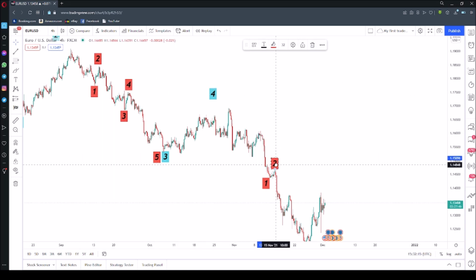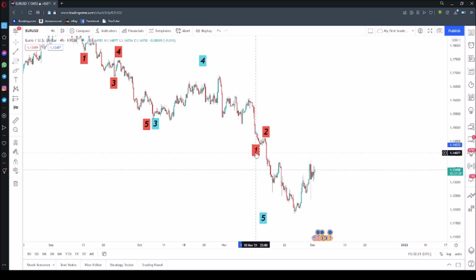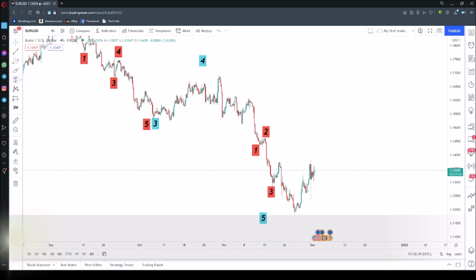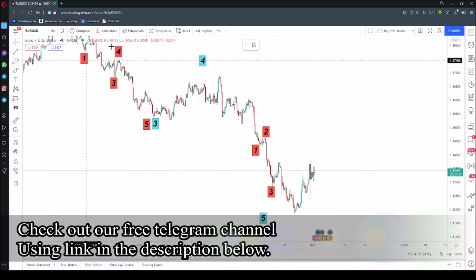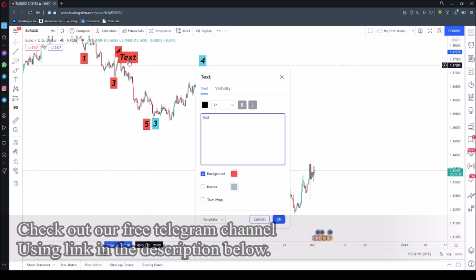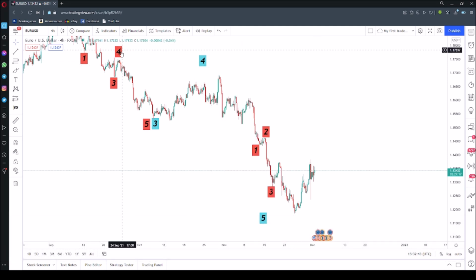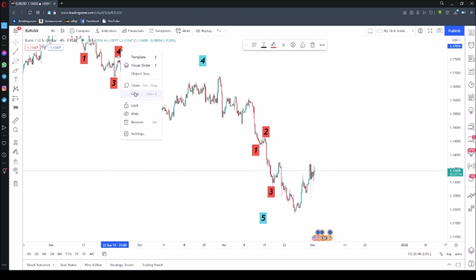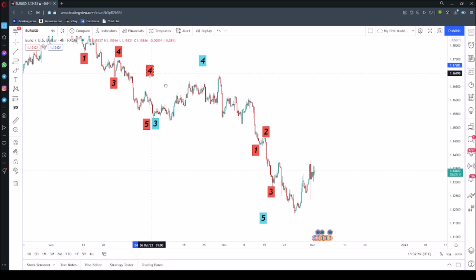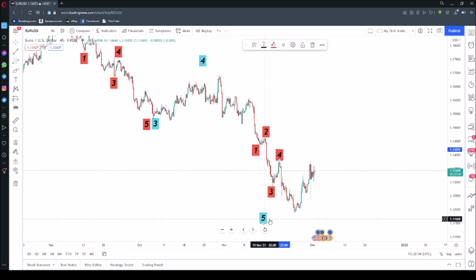Then wave 2, then wave 3, then 4, then wave 5, as I said earlier, will always coincide with the last one on the higher time frame.